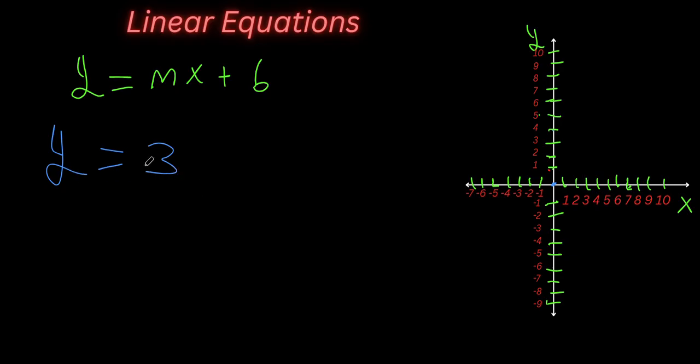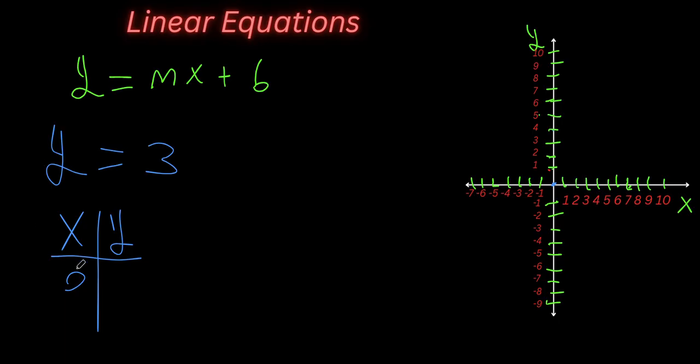Well, when y equals 3, what that's telling us is we are only given the y-intercept. The way I can explain that is by saying, if we had an xy table here, and we had 0, what would y be?